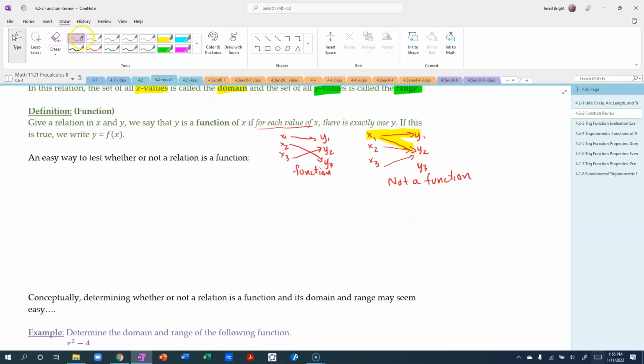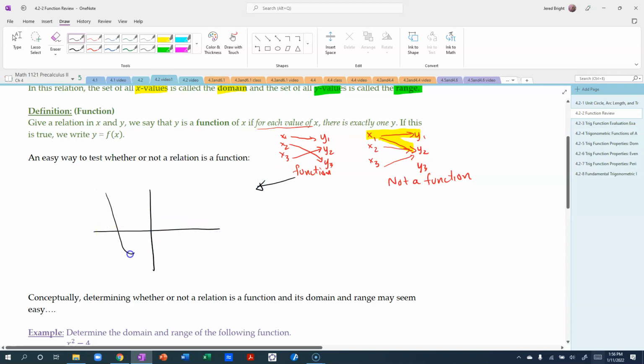Now, some of you might remember there was a graphical way of remembering this. That's true. If we had something like this going on, where y is equal to f of x, we can pass a vertical line through any part of the function, and we're going to intersect at most one time.